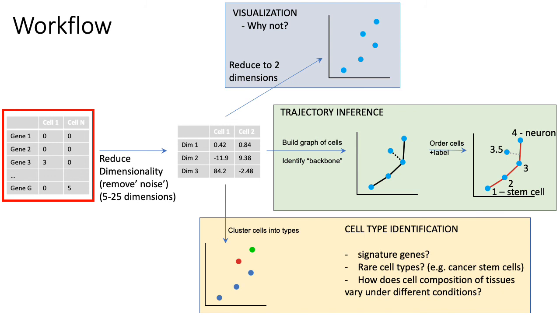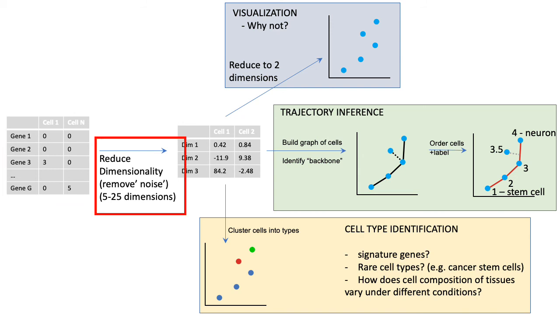Here I'll illustrate the basic steps of the single-cell RNA-seq workflow. Again, you start out with your table of quantifications of each gene in each cell. The first step usually taken after quality control is dimensionality reduction.